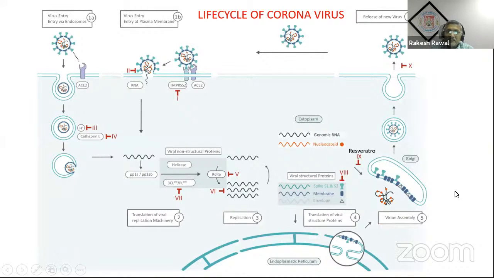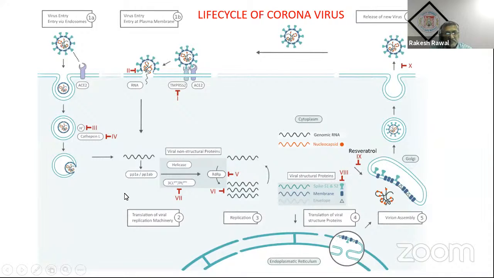If you look at the life cycle of this coronavirus, the first phase is when we come in contact with any transmitting carrier and our cells are exposed to that. The first exposure is the ACE2 receptor to which the virus binds, and the cleavage of this cell will make the entry of the virus into the system.